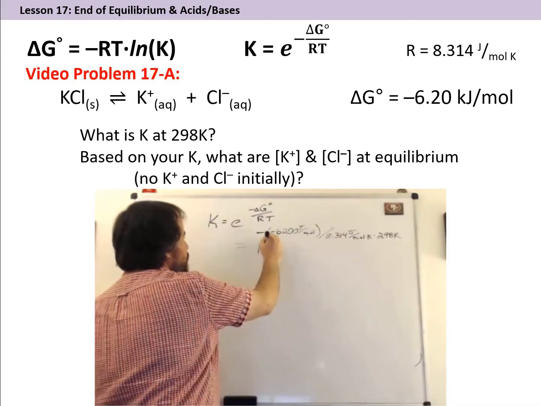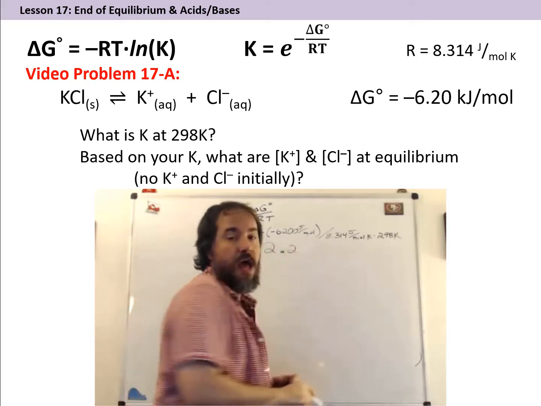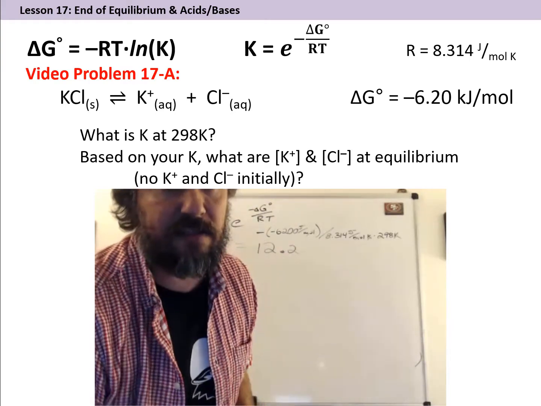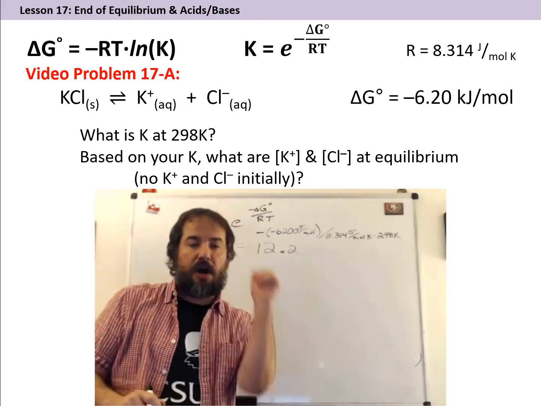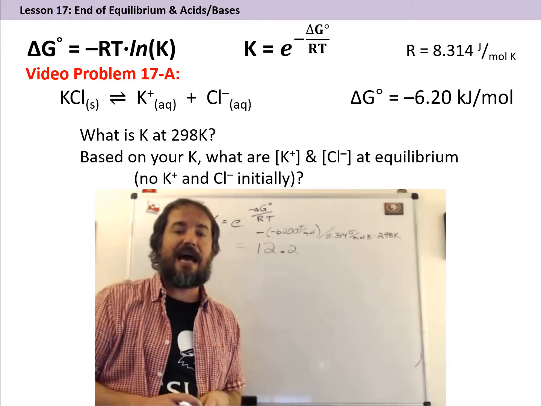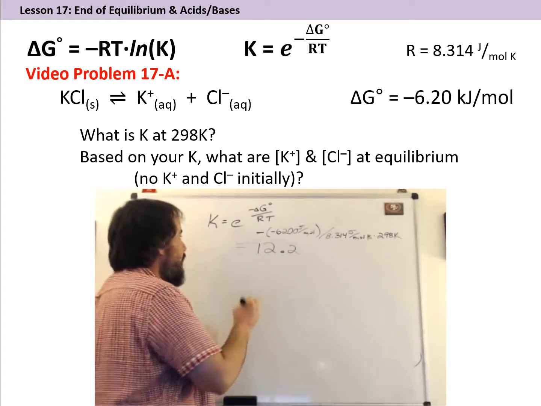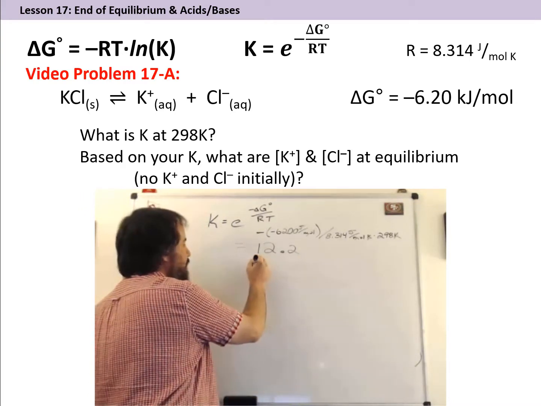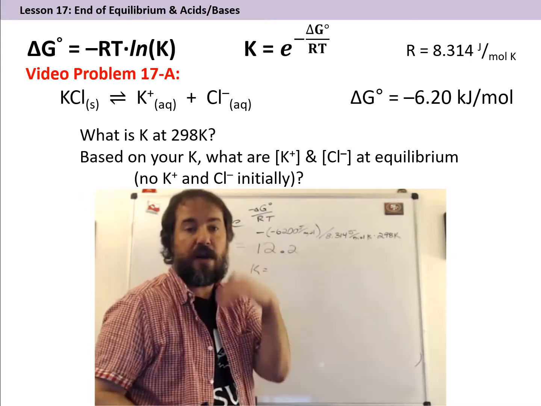So we just figured out this is 12.2, and the second part of it asks, based on our K, what are the values for K plus, potassium plus, and Cl minus at equilibrium? Now remember what K is. K is going to be products over reactants.